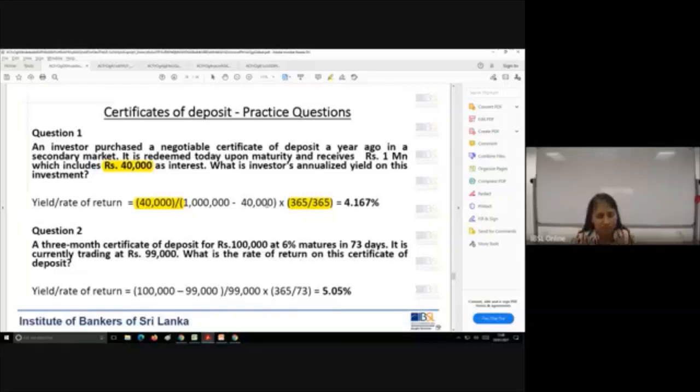Now this same question, I'm going to tweak it a bit. I'm going to do two adjustments where I'm going to say receives 1 million, excluding 40,000 as interest, or 1 million and an additional 40,000 as interest. And I'm going to give you that in the secondary market, you purchased this for 970,000.